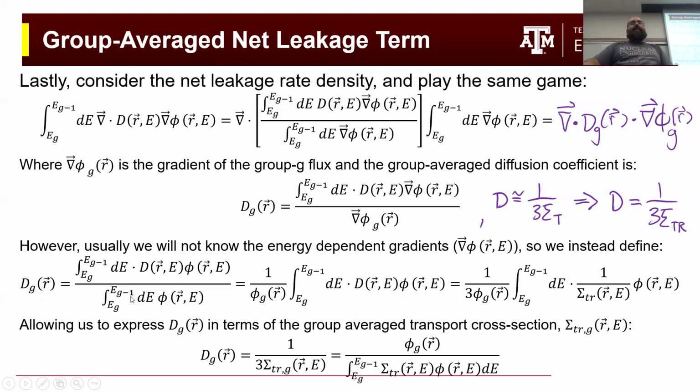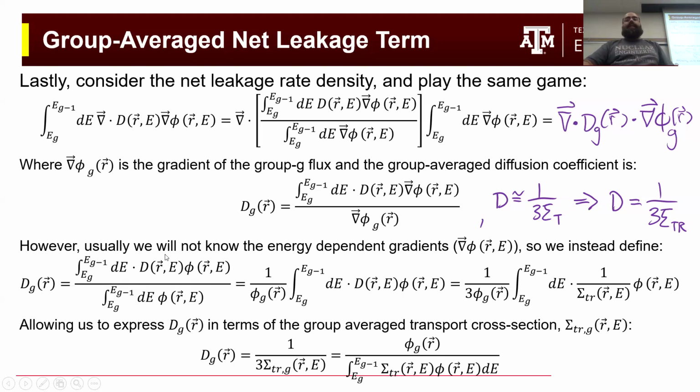What we did here was energy averaging the diffusion coefficient weighted to the gradient of the flux. Here we're saying, if we can weight it to the gradient of the flux, it's not that much of a stretch to say we can just weight it to the flux itself.